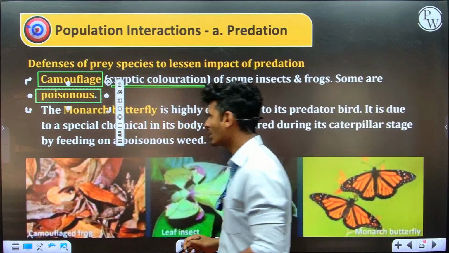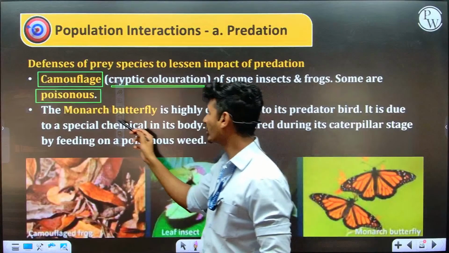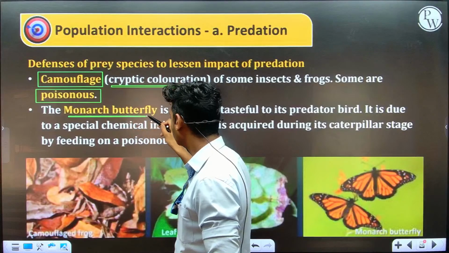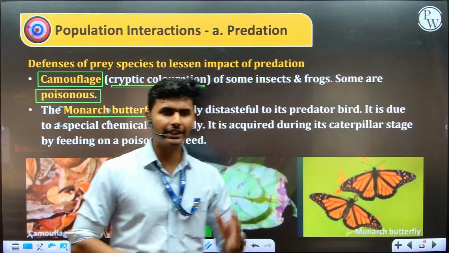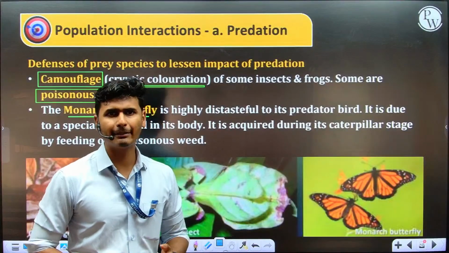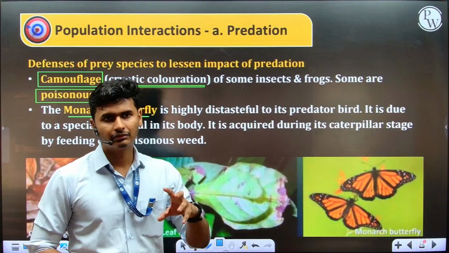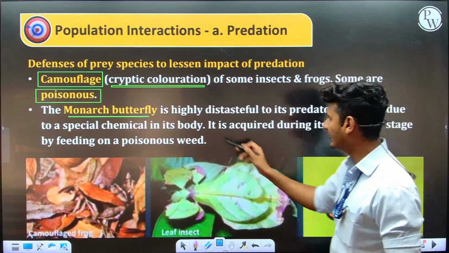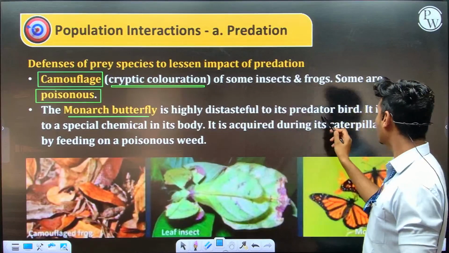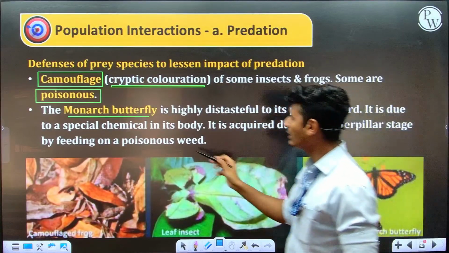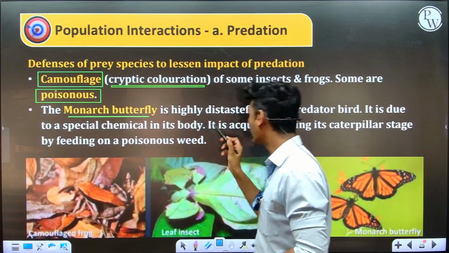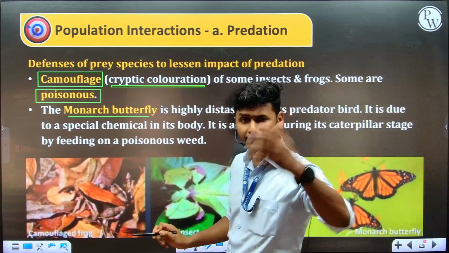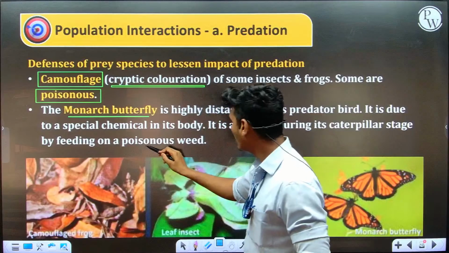Now, one example of camouflage is the monarch butterfly. This monarch butterfly is beautiful to look at, and before its adaptation, any predator would eat it. But now it is highly distasteful to its predator bird, due to a specific chemical in the body, which is acquired during the caterpillar stage, at the time of larva development, by feeding on poisonous weed.